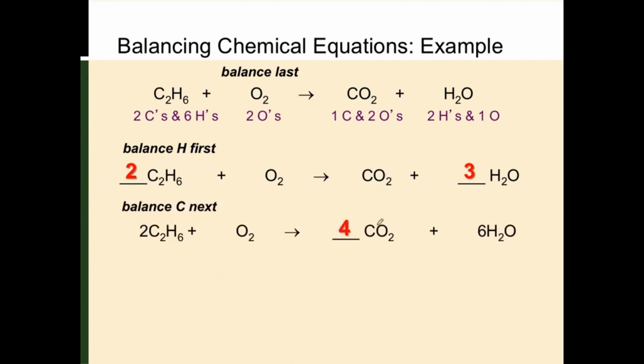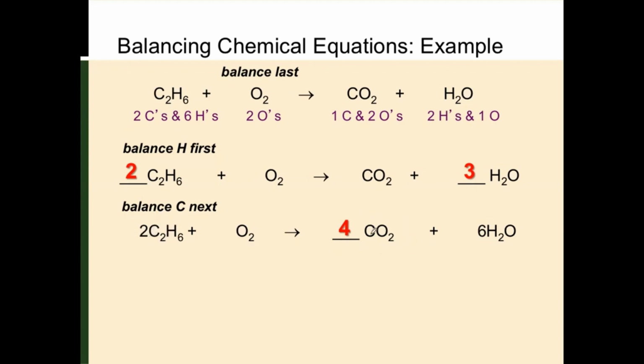That's a little bit easier, because every time we add a carbon dioxide, we need to add another oxygen. But that's okay, because there are 2 oxygens in each molecule. So for every carbon dioxide we add, we can just add another oxygen if it is ever necessary. What happens here is that we have 4 carbon dioxides because we have 4 carbons on our reactant side. So 2 times 2 is 4 carbons.